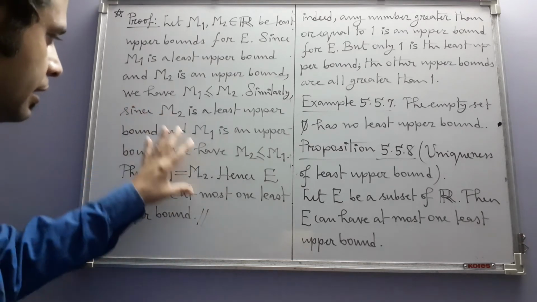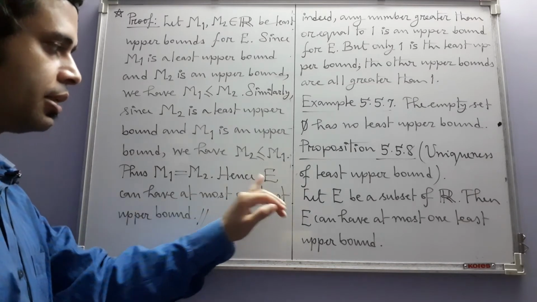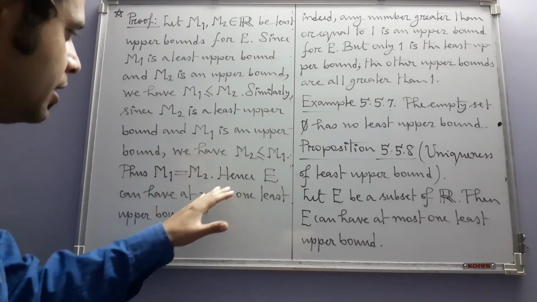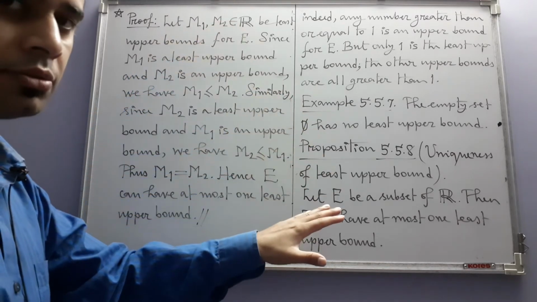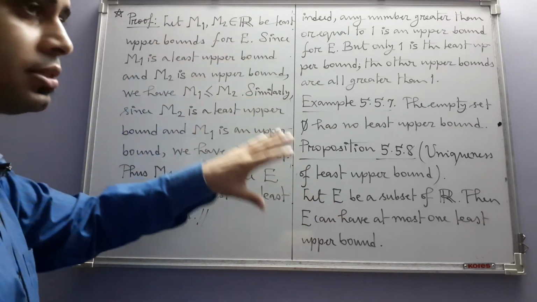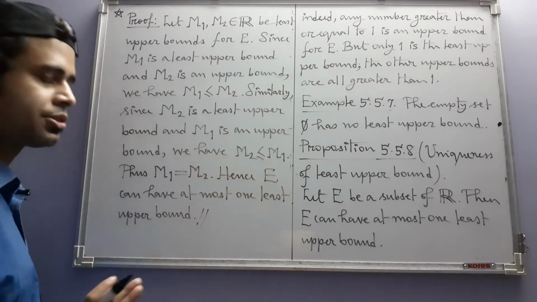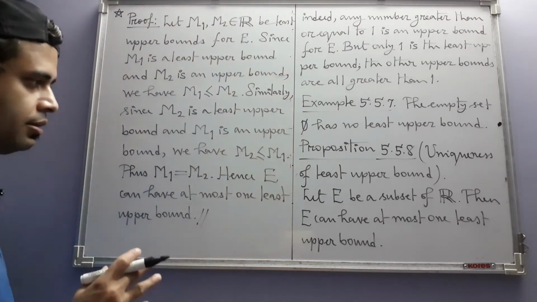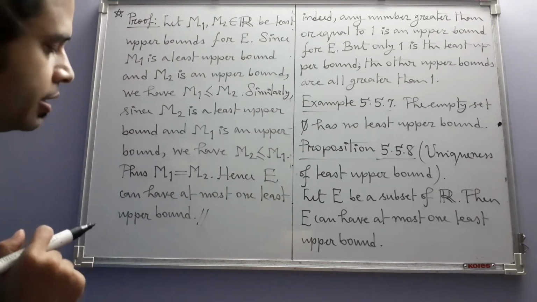Note that in the proof we are not supposing that E in fact has any upper bound at all. All we are doing is that if there are two least upper bounds for E, then they must be equal. That's what we have shown. So this whole thing is itself a conditional statement.